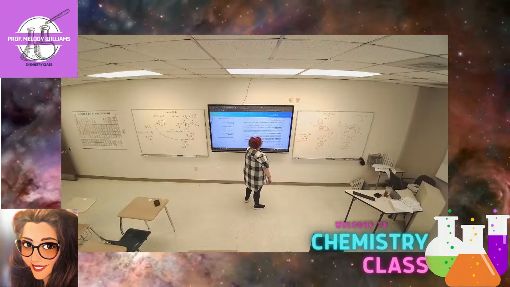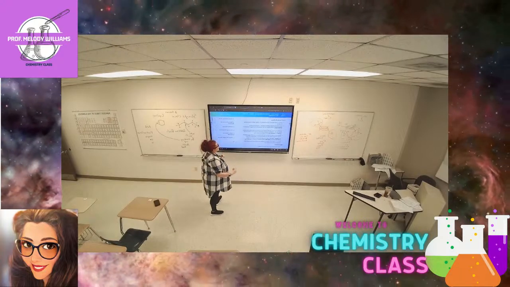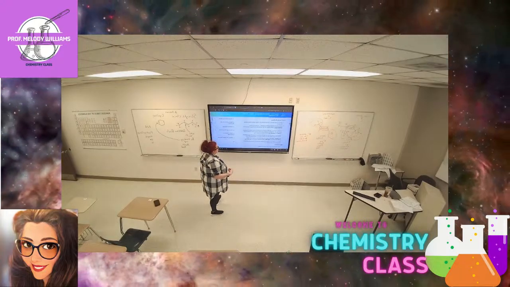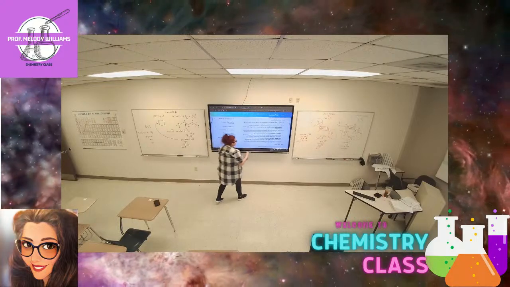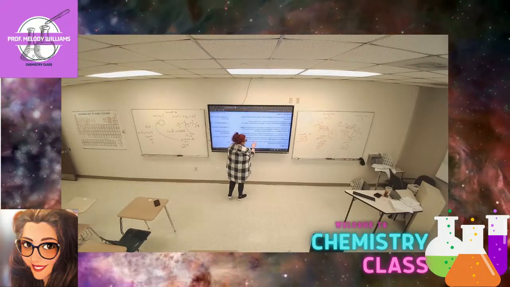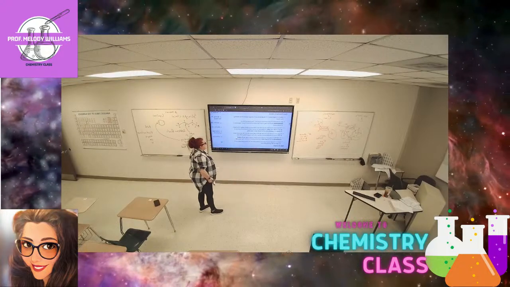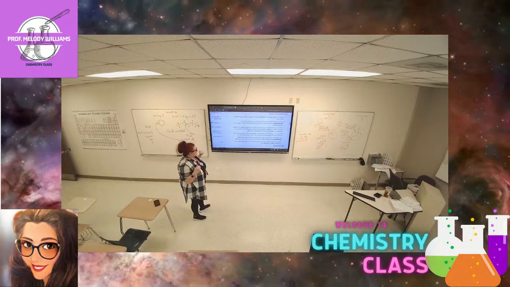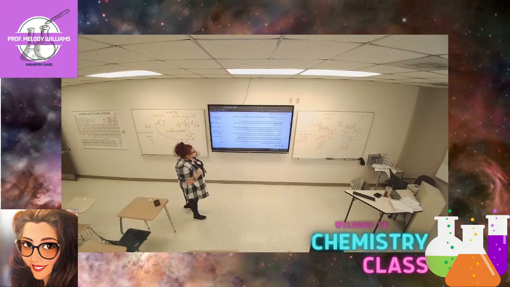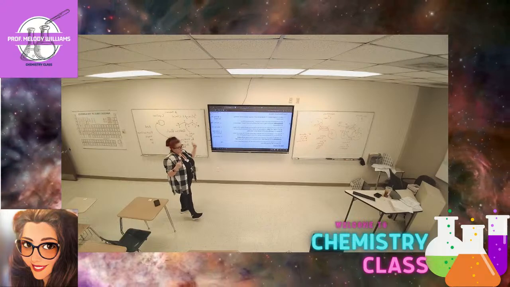So we use E and Z notation when we're dealing with double bonds. Z is what we consider for substituents that are on the same side. E is where we consider substituents that are on the opposite side.